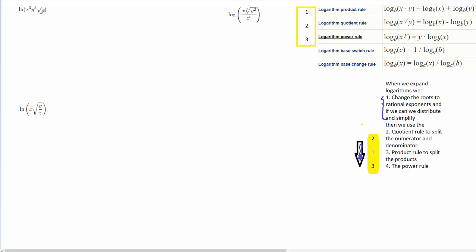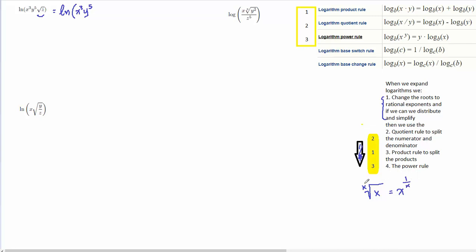What's the first thing? The first thing that we see is that there is a root. So let's rewrite this as a logarithm that has only powers, no roots. So I'm going to change the square root to a power. How do I do that? Remember, if I have a k-th root of any number, then this is nothing else than x to the 1 over k.